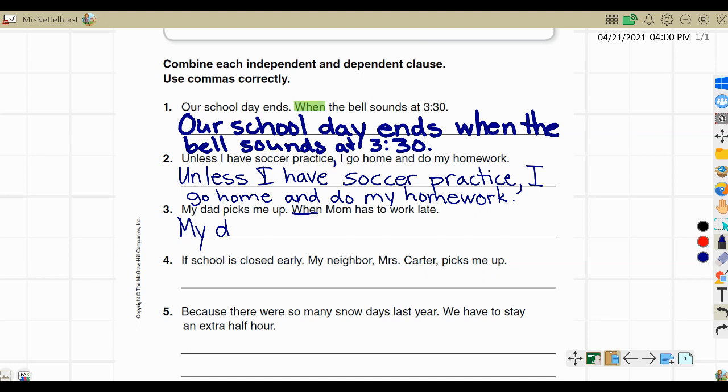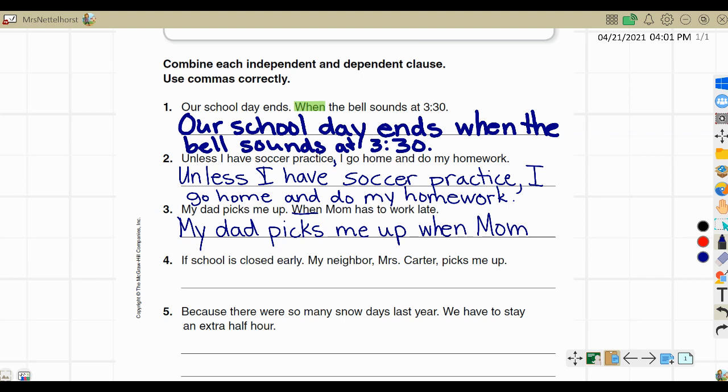My dad picks me up. No punctuation marks, lowercase w, because I'm in the middle of the sentence. When mom, it's capitalized, it's being used like her name. Dad isn't capitalized because you're saying my dad.